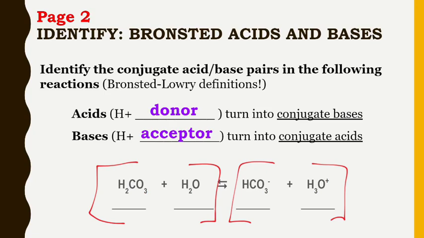The only thing is, before and after, we don't get to actually see the donating and accepting happen. We just get to see what there is before the reaction, before the H's are moved, and what we have after. And the only difference between some of these substances is going to be a single H that is gained or lost. So we need to see that and decide whether that substance was donating or accepting H's.